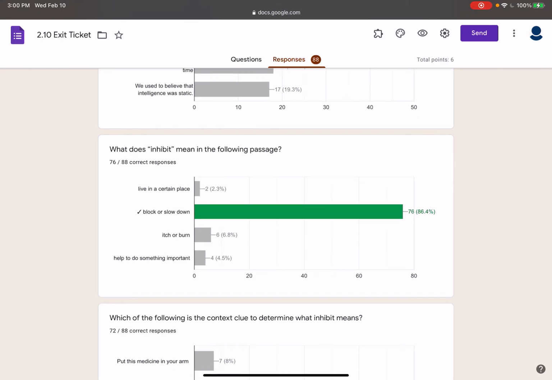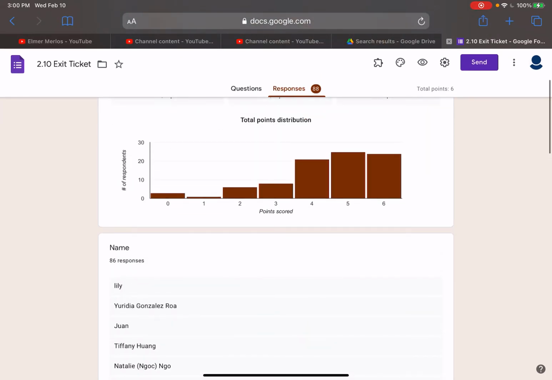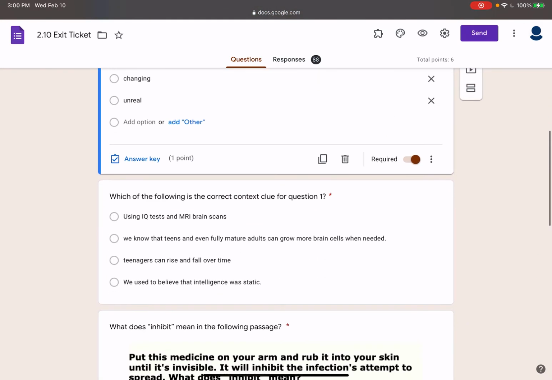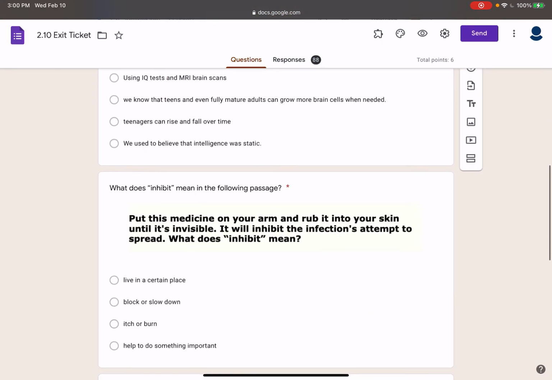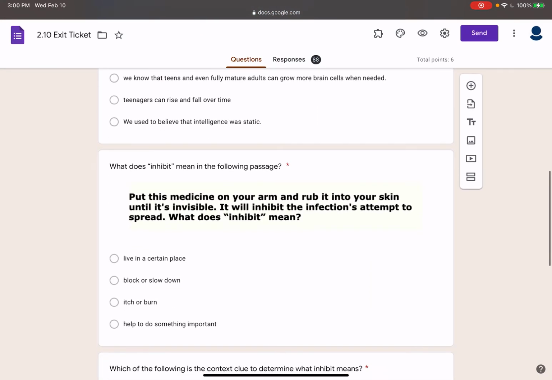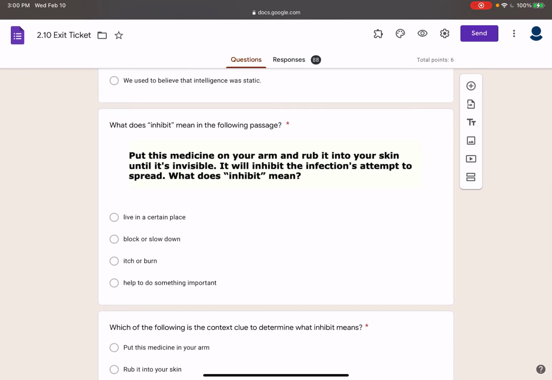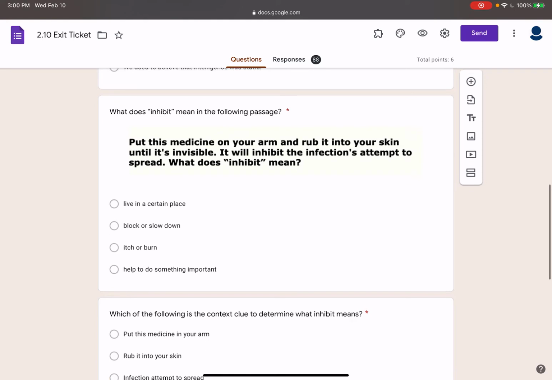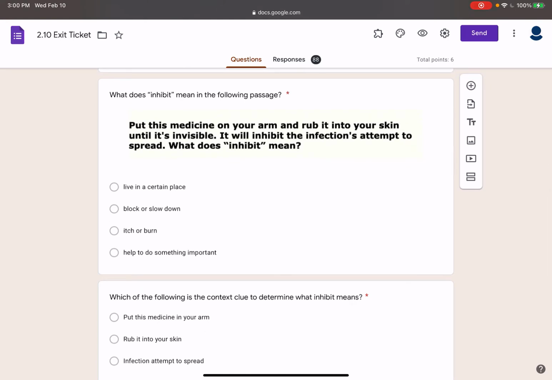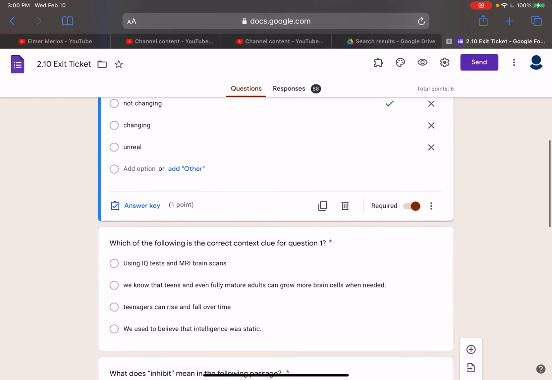What does inhibit mean in the following passage? So inhibit here, put this medicine on your arm and rub it into your skin until it is invisible. It will inhibit the infection's attempt to spread. So it will stop or block or slow down the infection from spreading.